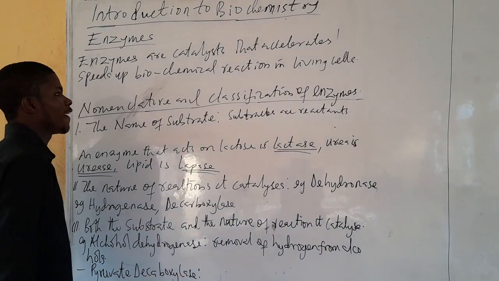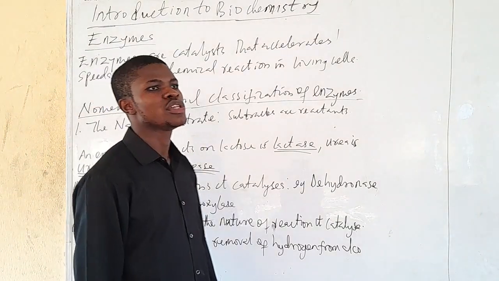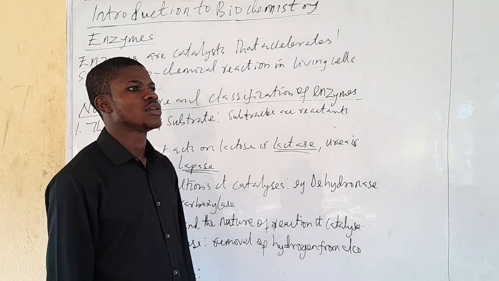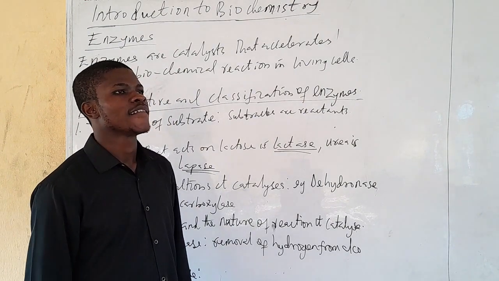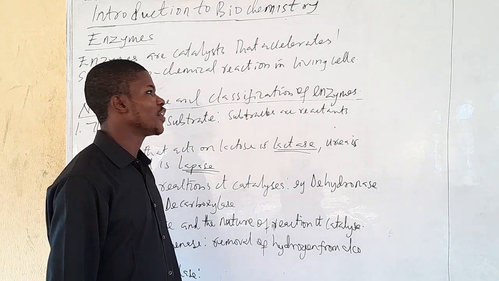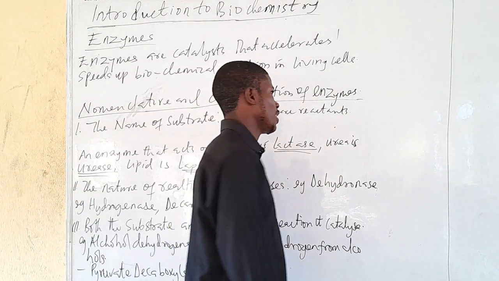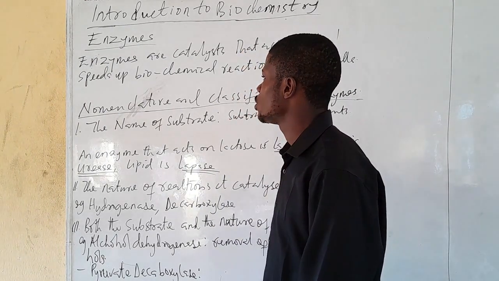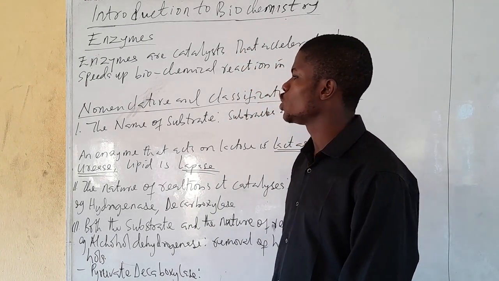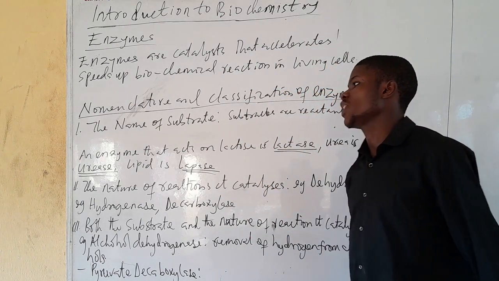After the discovery of enzymes a long time ago, it was necessary to give them names and classify them so that they can be easily identified. In order to give them a defined nomenclature and classification, there are things that we can use to classify these enzymes.